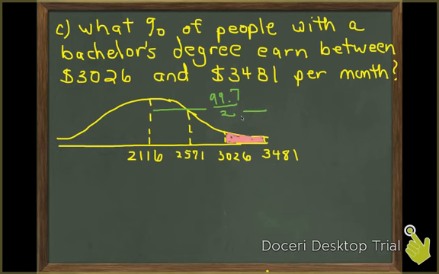We also know that this part in here, let's see if I can shade this in. Let's pick a different color. This part in here, from here to here, would be 95 divided by 2.